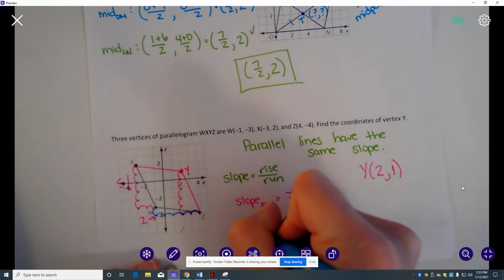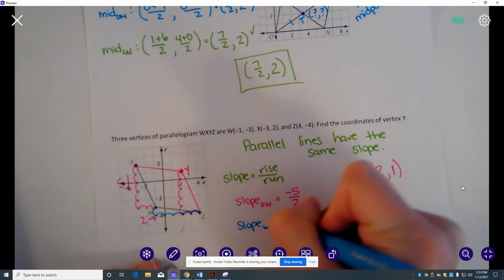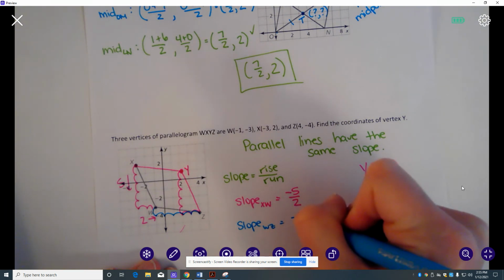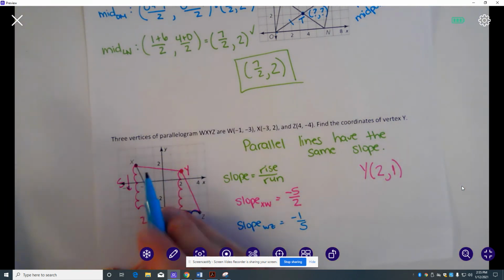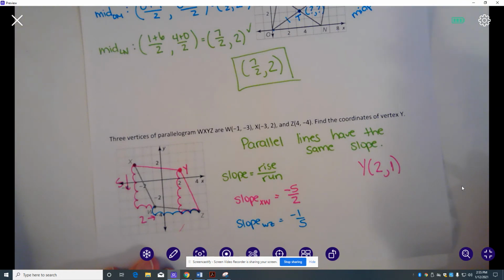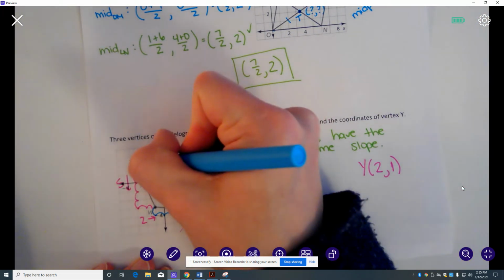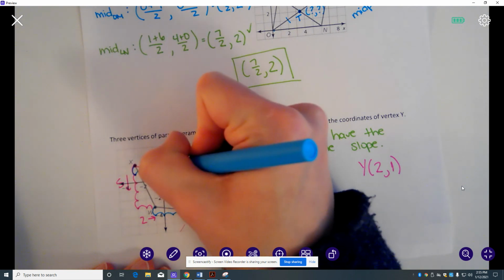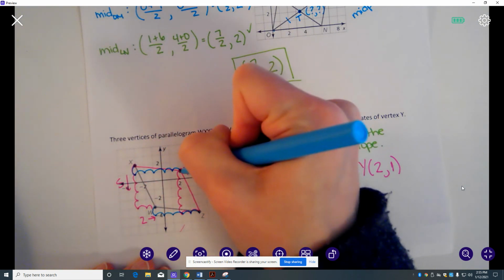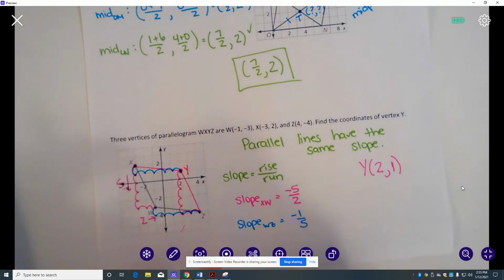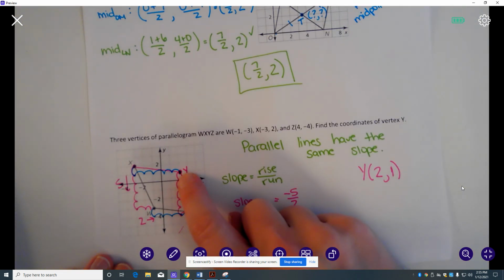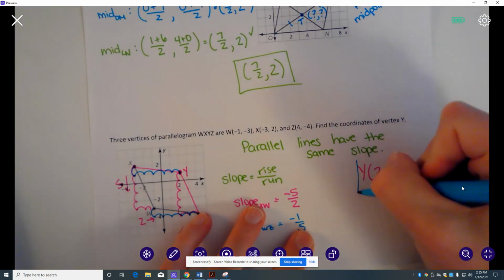So the slope of WZ is negative 1/5. Well, that means the slope of XY should also be negative 1/5. So I can count to see if that's true. Down 1, right 1, 2, 3, 4, 5. That has the same slope as WZ. So point Y must be located here at the point (2, 1).